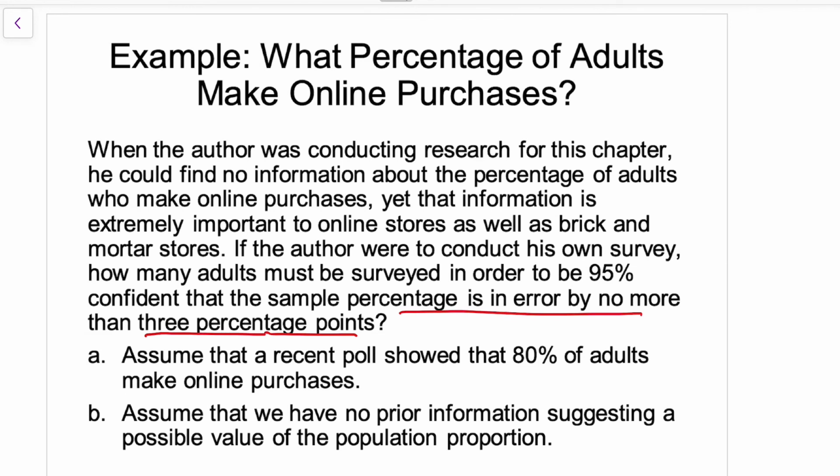Once, assuming that we know that 80% of adults make online purchases, which is knowing a p hat value, and once, assuming we have no information about the population proportion, which is knowing no p hat value.